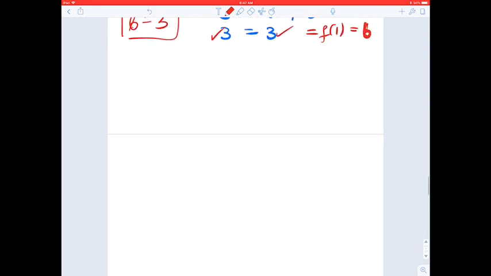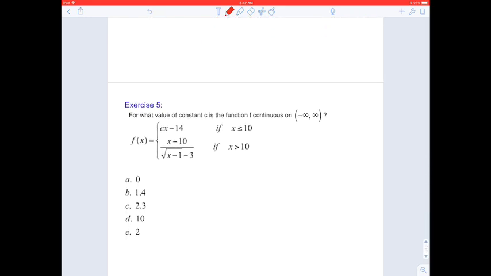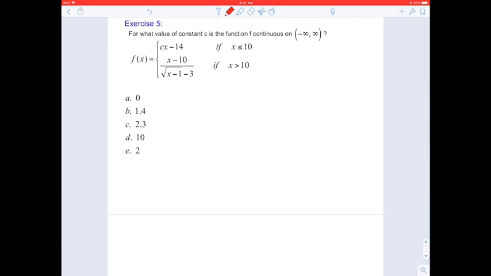Okay, and I have another exercise. For what value of the constant c is the function continuous everywhere, and we have a piecewise defined function. This will be the left hand side, this will be the right hand side at 10. We have to check the situation at 10. That's me. Let's find out.